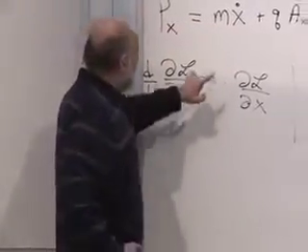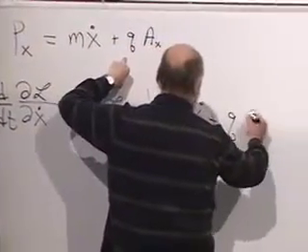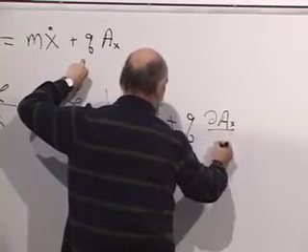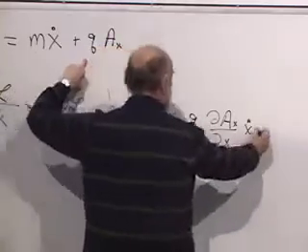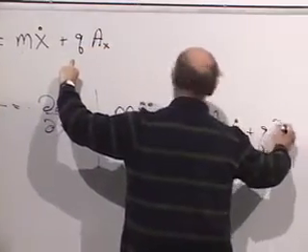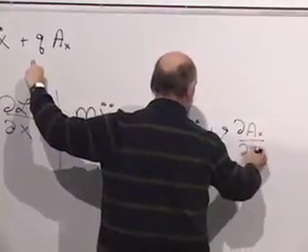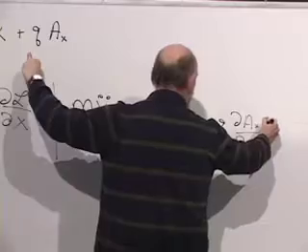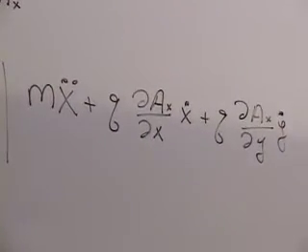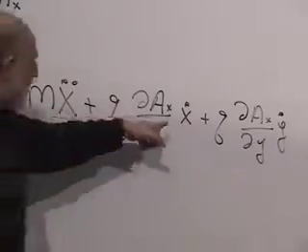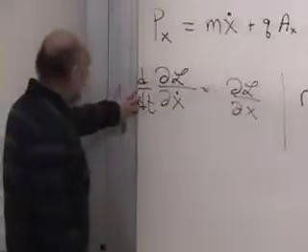And to work out the change in time, we just write that this is equal to the derivative of A sub x with respect to x times the time derivative of x, plus the derivative of A sub x with respect to y times the time derivative of y. A sub x at the position of the particle changes because the particle is moving, and here's the time derivative of A. That's the left side.